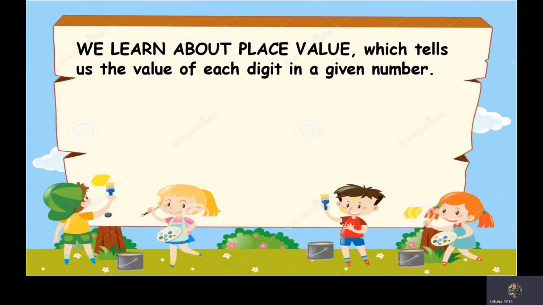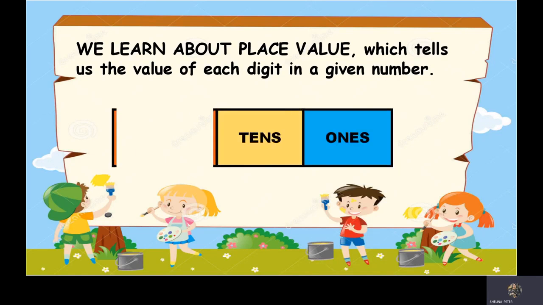In the place value topic, we learned the names of the different place values representing each digit in a given number. And they are ones, tens and hundreds. So today we are going to learn 3-digit subtraction. That's why we are going to take ones, tens and hundreds as the place value for a 3-digit number.